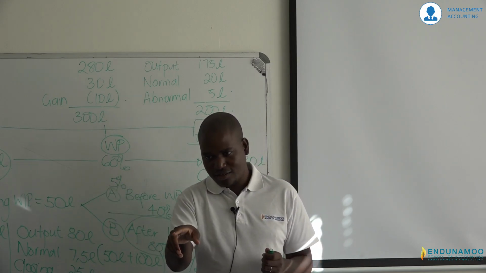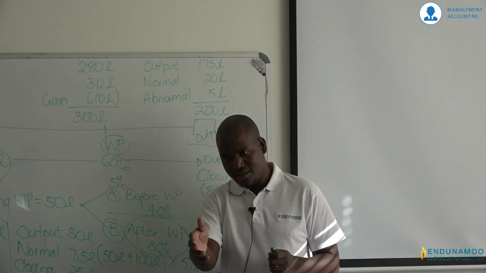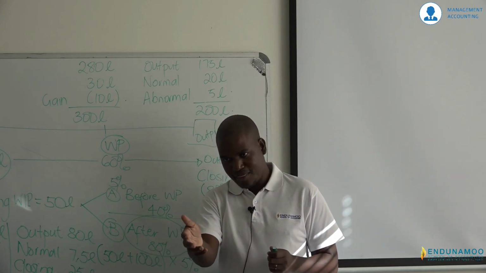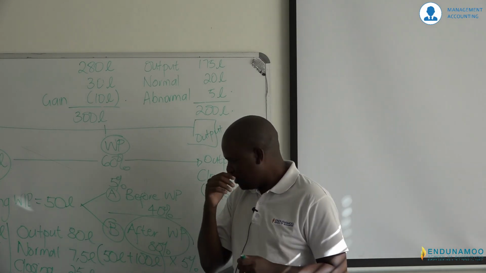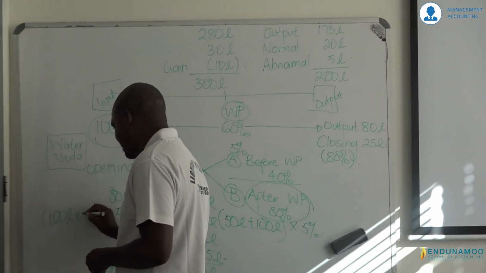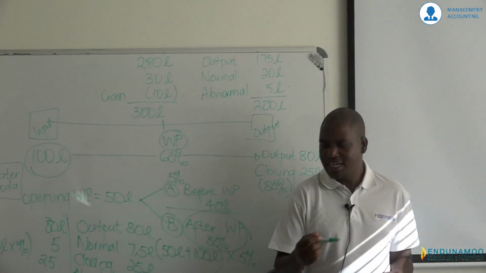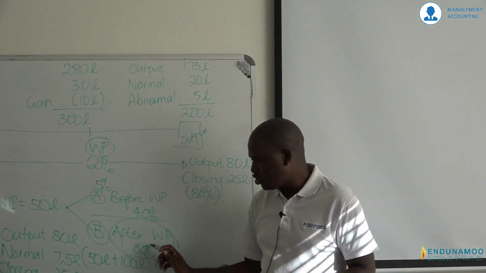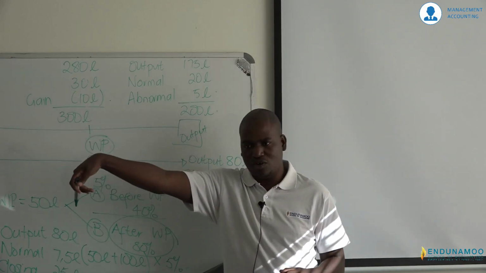On the previous one, we had 7.5. Now we're using 5 liters. I don't get that. No, what we are saying is that it's on the 100 liters this time. It's not on 150, because the 50 has already lost its normal loss in the previous period.